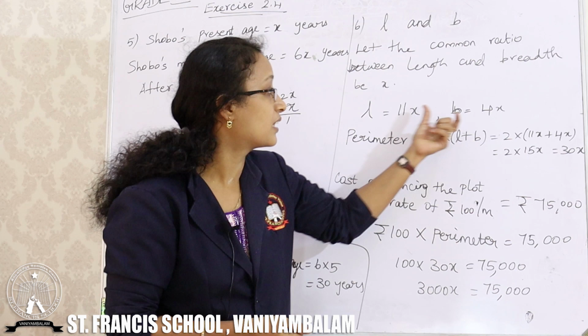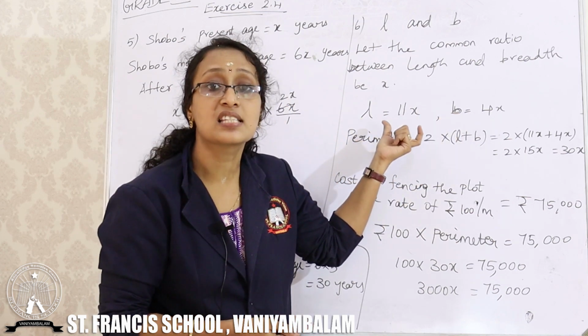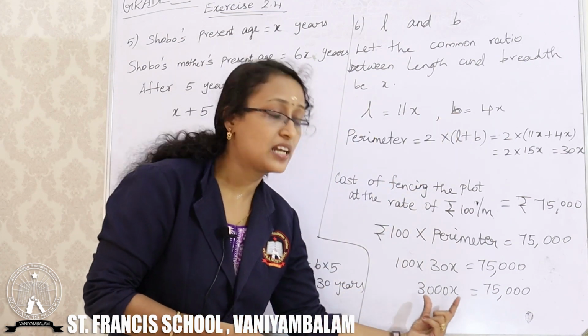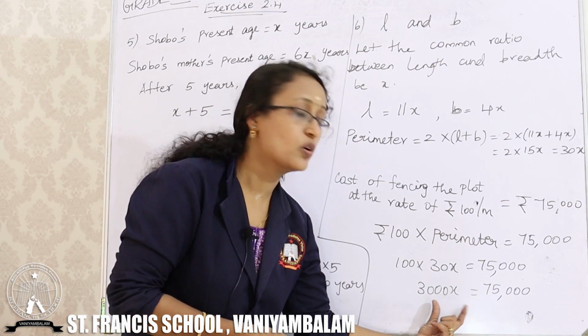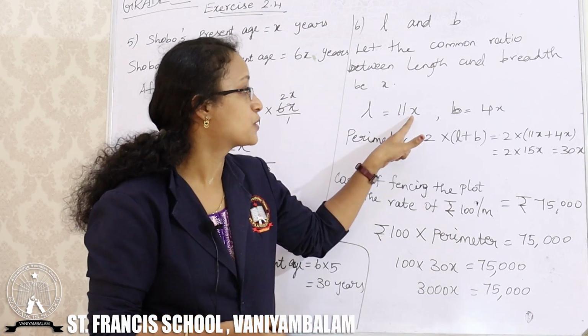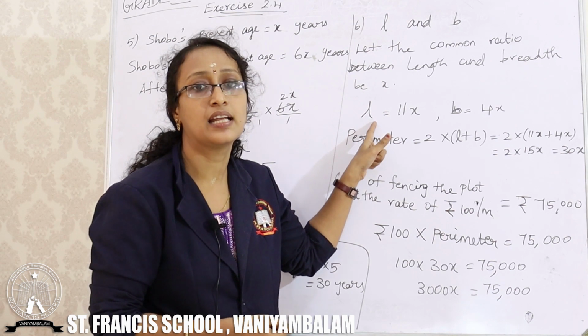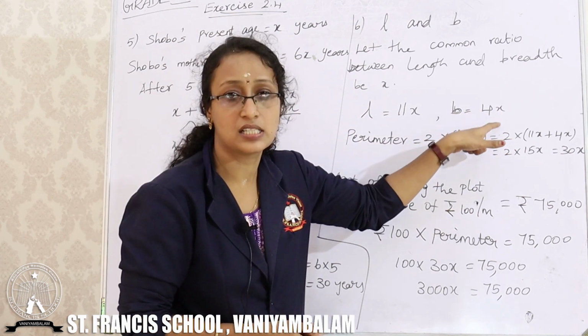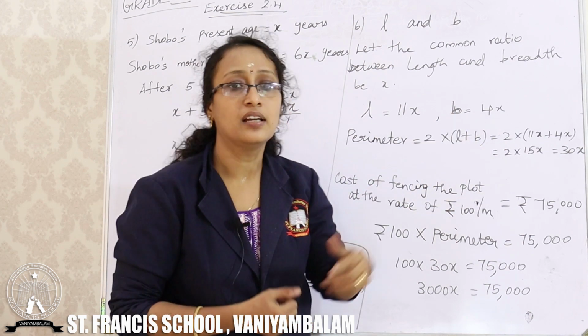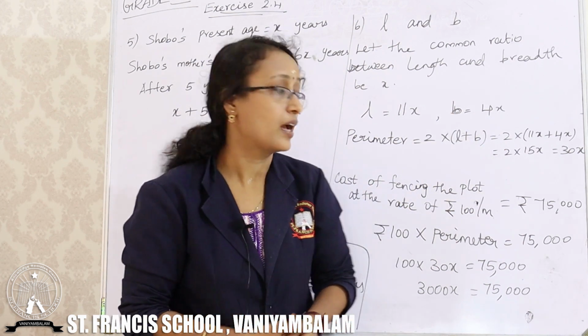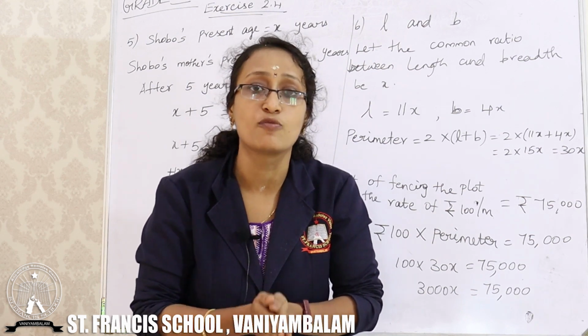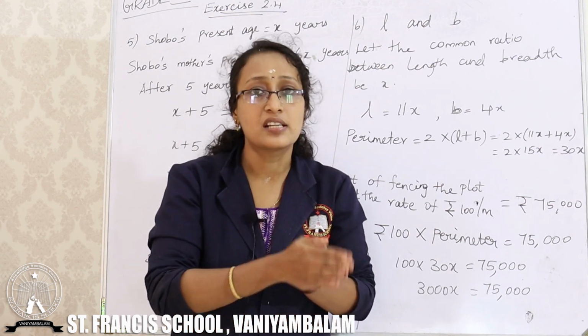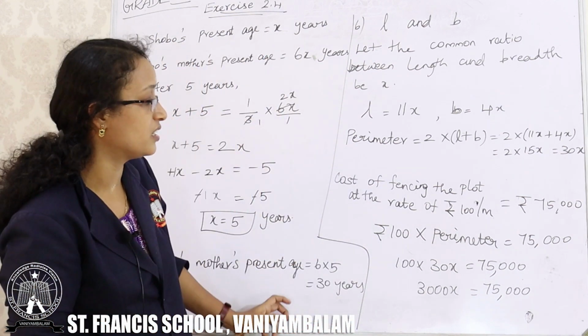Dimensions means length and breadth. We know that the length is 11x. Now we got the x value, right? The x value is 25. So substitute 25 here, you will get the length, and substitute the x value in the breadth, that is your 4x, you will get the breadth, right? Okay. And don't forget to write the units for all the problems. If it is an age problem, you have to write years.